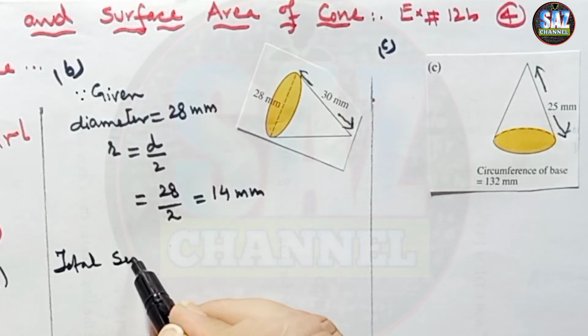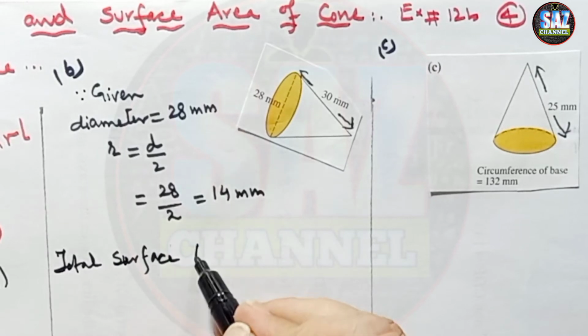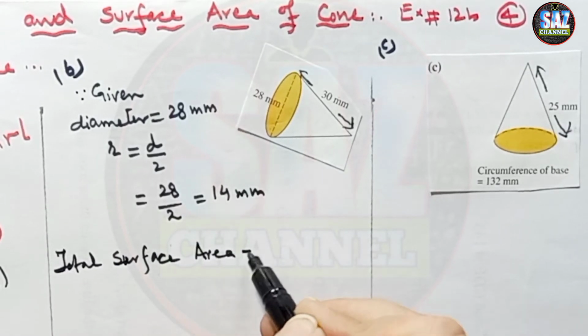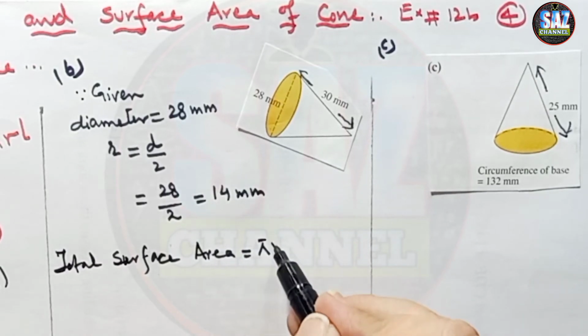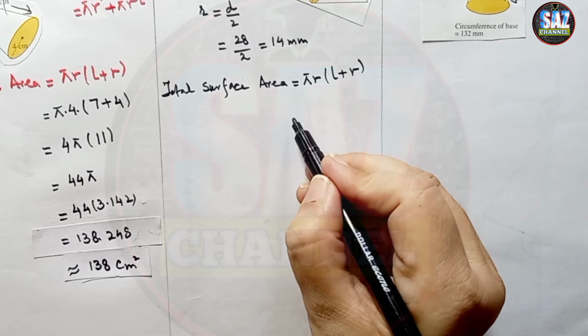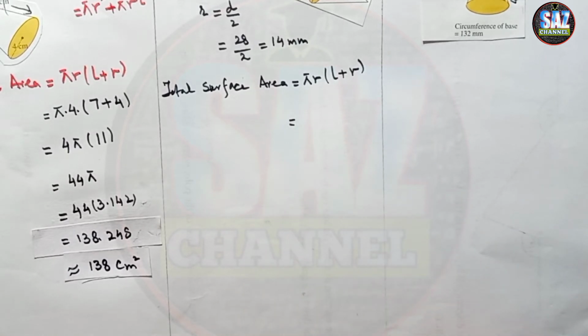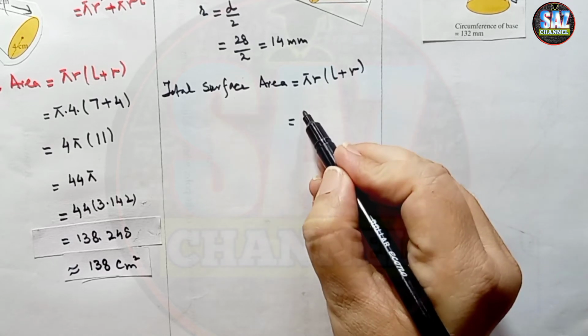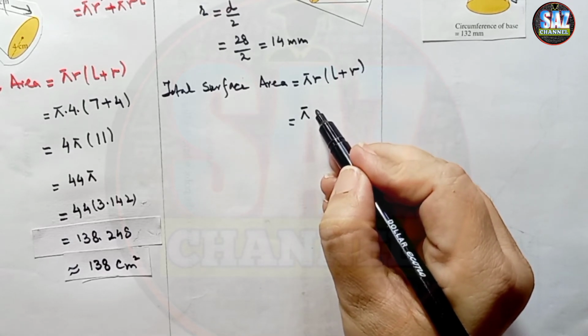Total surface area equals to, first write down the formula, that pi r multiplied by (L plus r). Now instead of pi, I always ask my students to insert the value of pi at the last step for the calculation, and now r has the value 14 in the question.